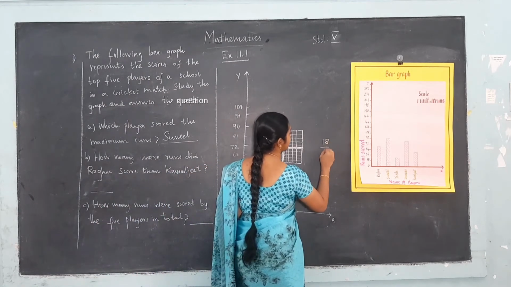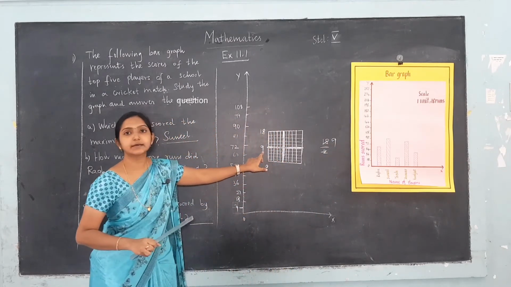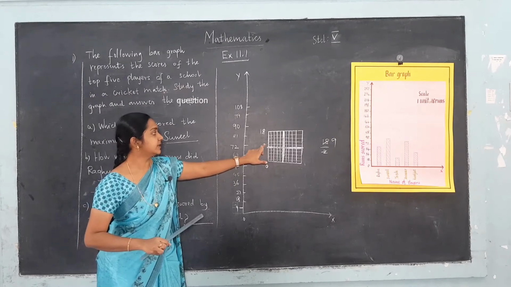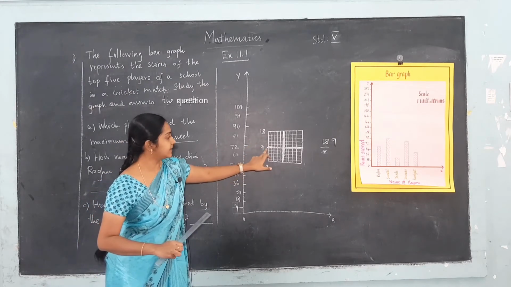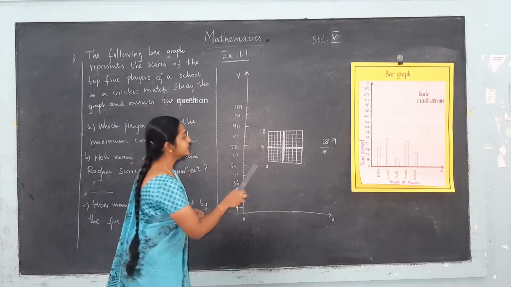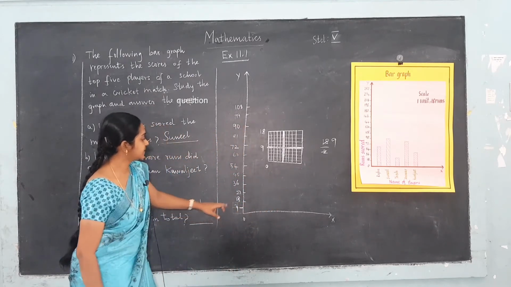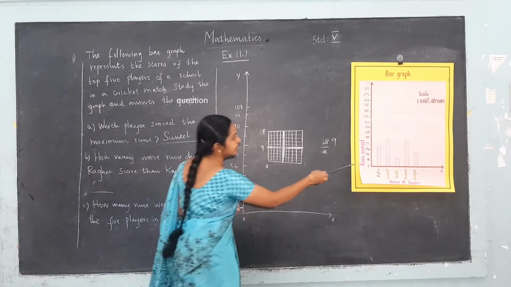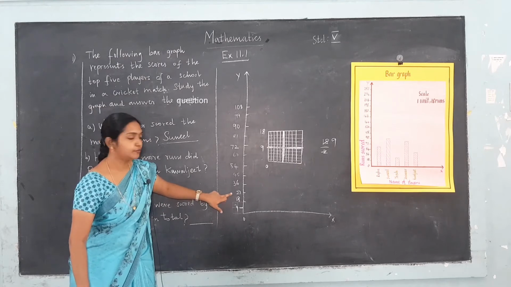Divide 18 by 2, we will get 9. So the middle number represents 9. The numbers greater than 9 will lie here. The numbers less than 9 will lie here. So the in-between line represents 9 here. Then from 18 to 36, the middle number will be 27.